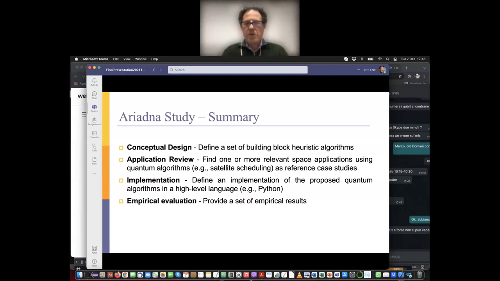Generally in computer science you use heuristics when you want to solve problems that are very difficult in size, and we think to solve very large problems. So for this motivation we propose a heuristic algorithm. Next, the second goal was to find a relevant application for space using quantum computing, implement our ideas or proposal, for example in Python, and propose some empirical results.